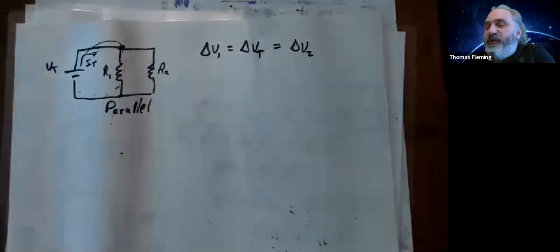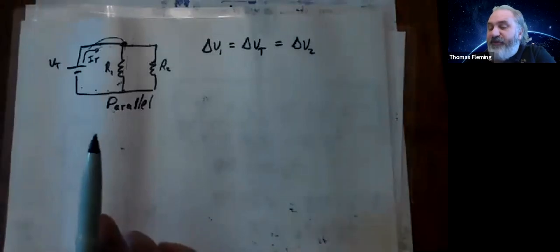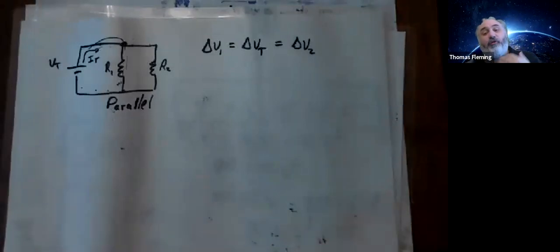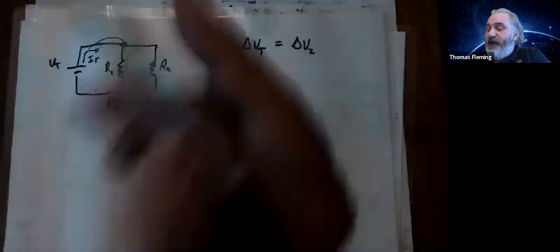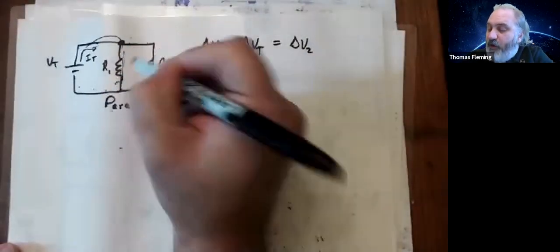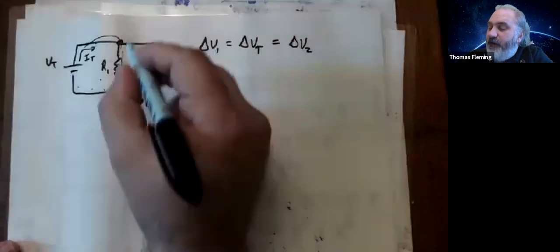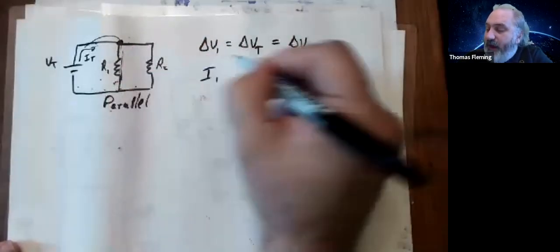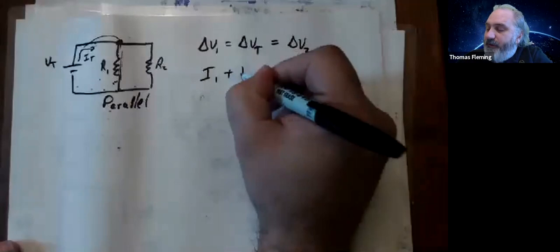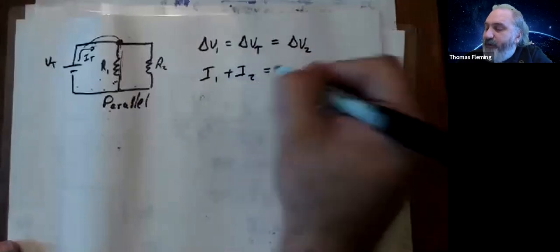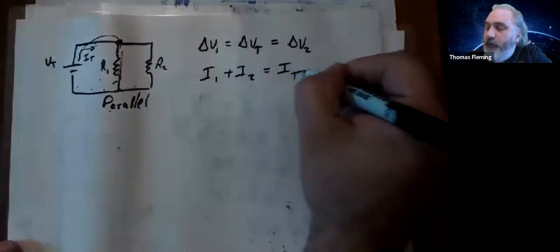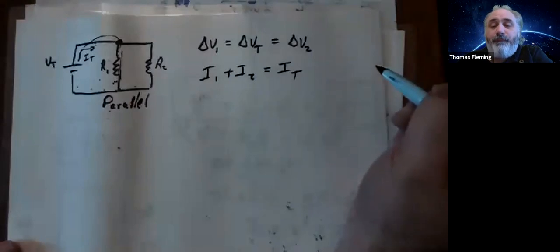So the conclusion that I can draw here is that because all the current has to go someplace, if I know how much current goes this direction, if I call that I1, and the current that goes this way, I call that I2, well, by God, if you add those together, it better add up to I total, right?